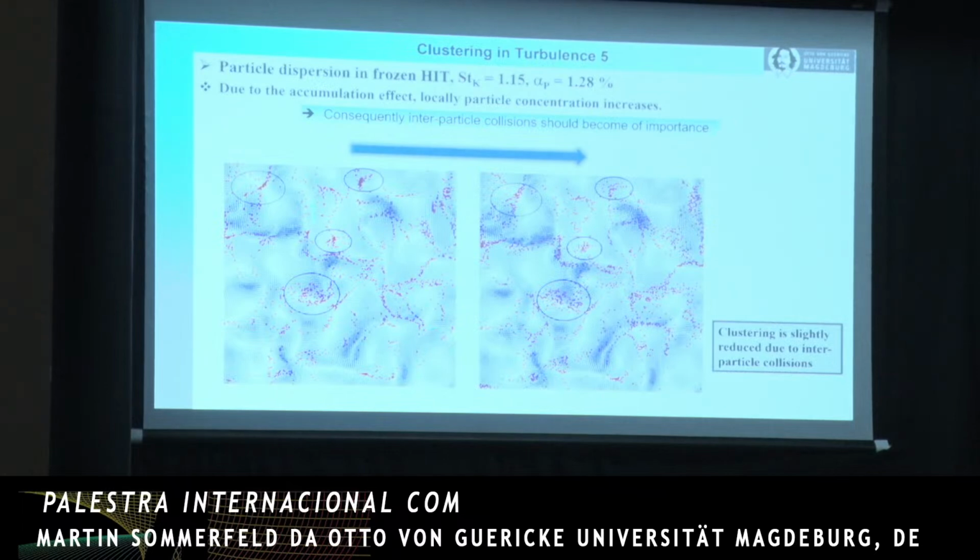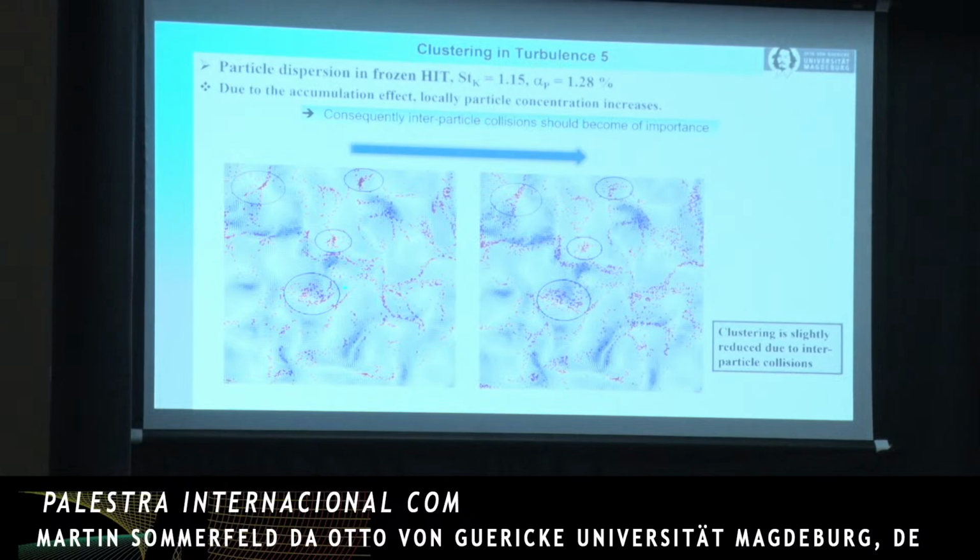So in some cases, to do the analysis, we just take a frozen flow field, a certain flow field at a certain time to track the particles. And this is illustrated here. Then you also have a better comparison, because then the particles behave in the same way. And now we switch interparticle collisions off and on and can see what happens.